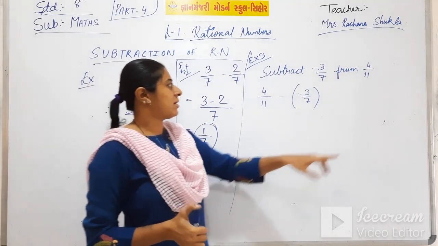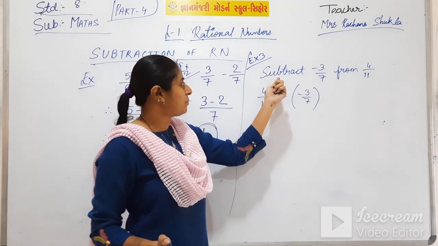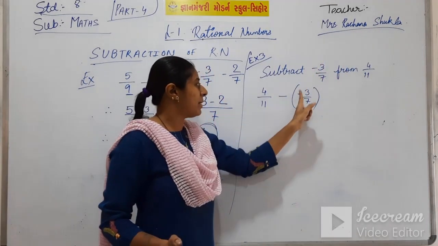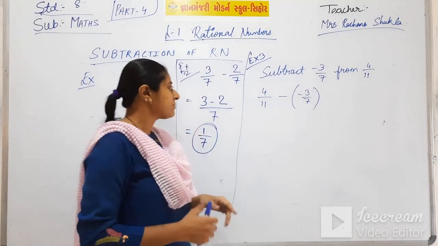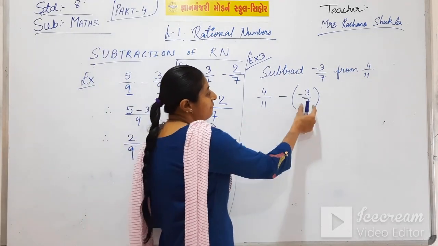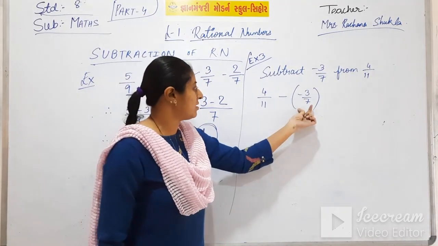I repeat once again, this number will be written here, then subtract, so minus, and again this whole term, minus 3/7. Now the second problem is, you have different denominators. What is here, 11, and what is here, 7.